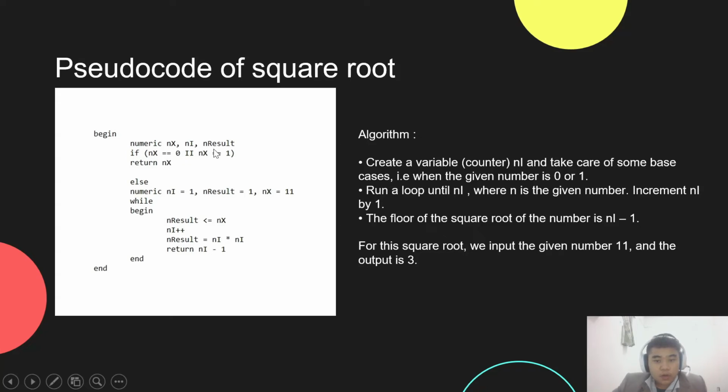The floor of the square root of the number is i minus 1. For the square root, we input the given number 11 and the output is 3.